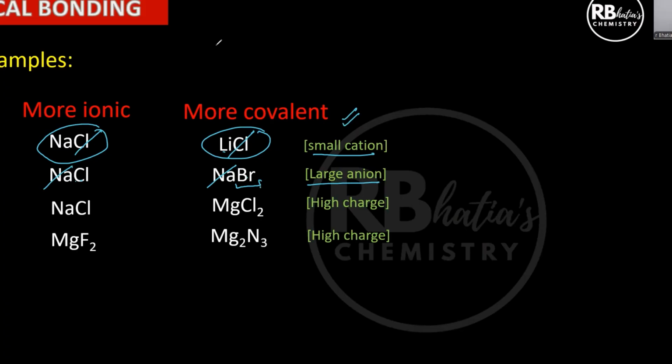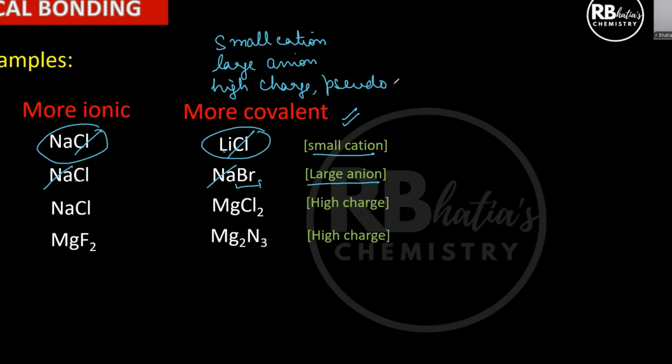Why? Because for more covalent character, the points we just talked about are small cation, large anion, high charge on both cation and anion, and then pseudo noble gas configuration. All these points are going to make a compound more covalent.